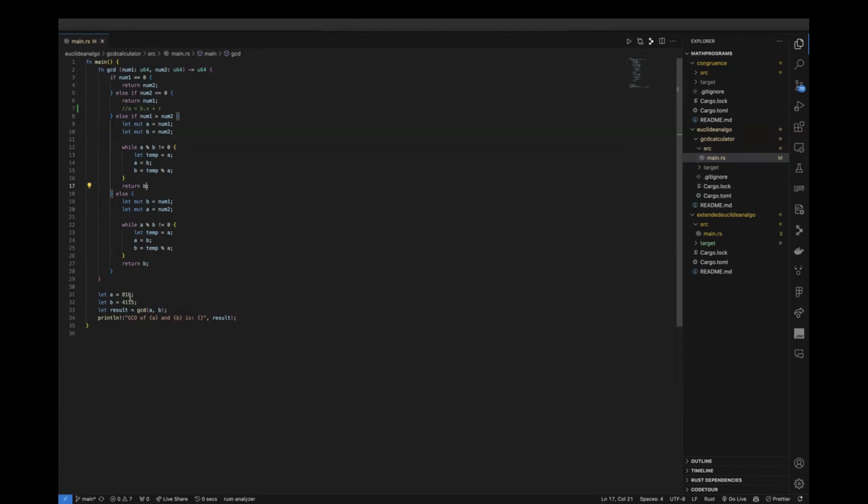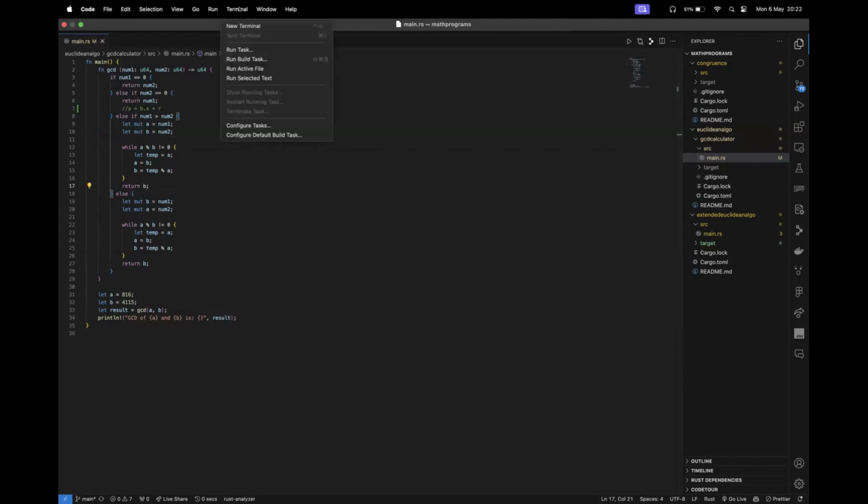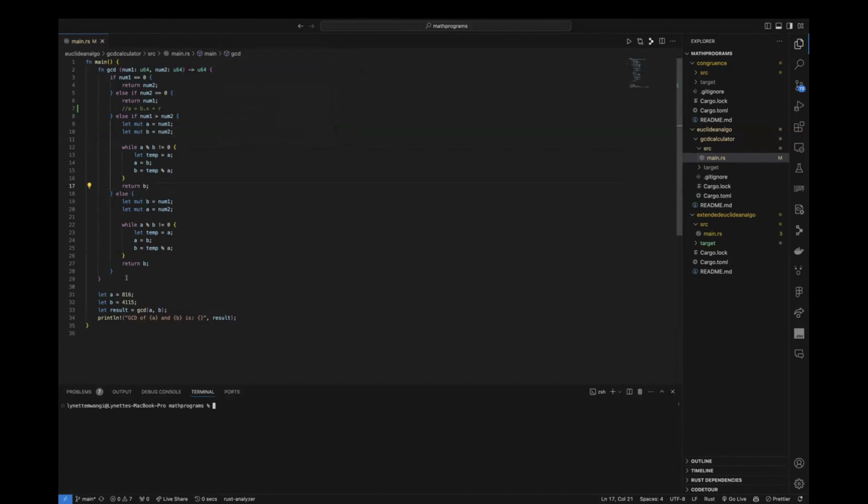Yeah, so I tested this function with a few of the examples that we used in class, and it was giving the right answer.